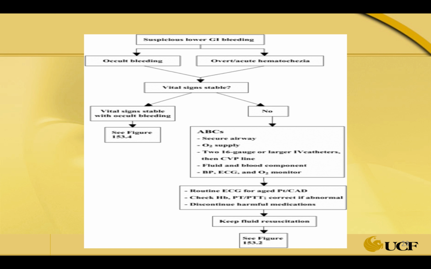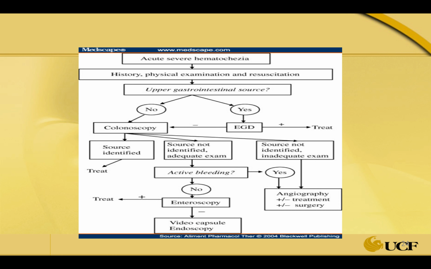We also use routine electrocardiogram for aged patients with history of CAD, monitoring of hemoglobin, PT-PTT, coagulation factors, correct if there's any abnormal, discontinue any harmful medications, and keep the fluid resuscitation until we gain hemodynamic stability.